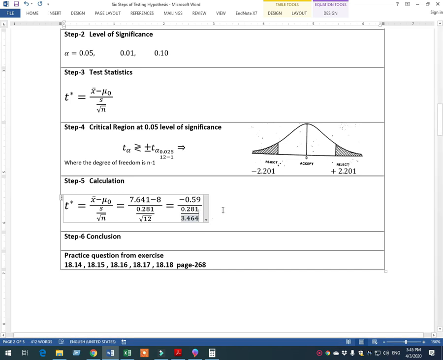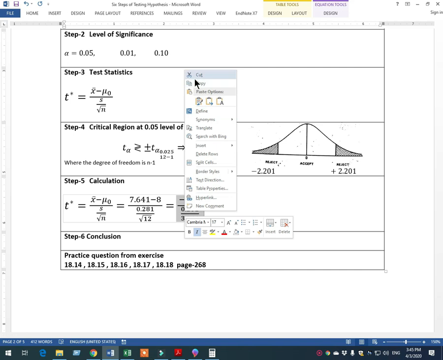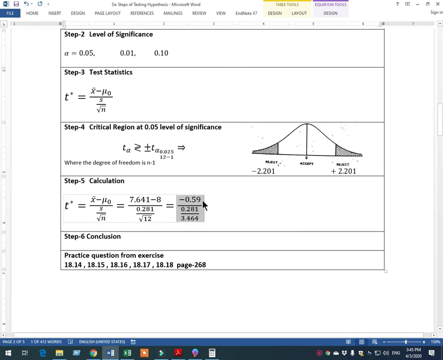I'm just doing it step by step because some of you would not be able to calculate accordingly, so that's why I'm doing it just for you.